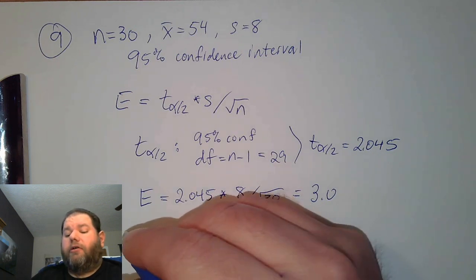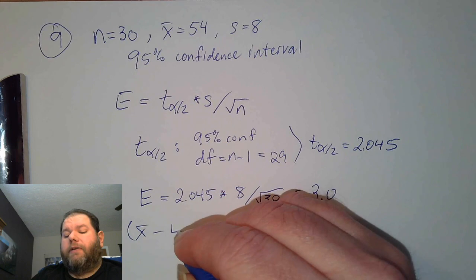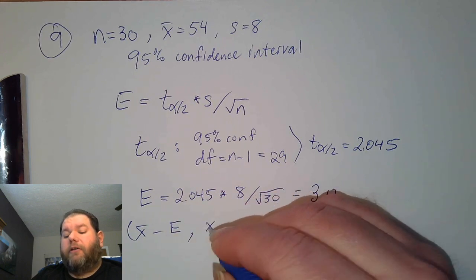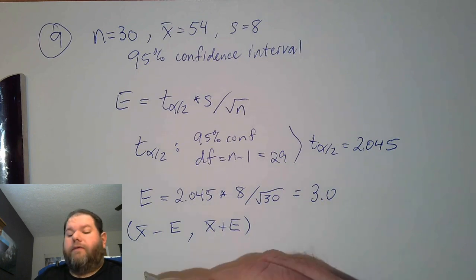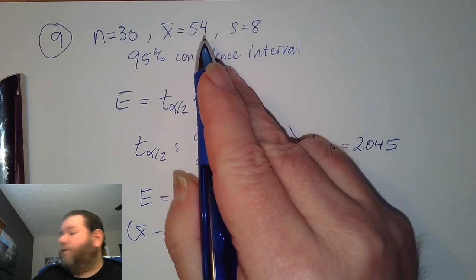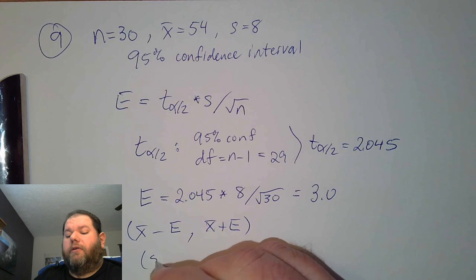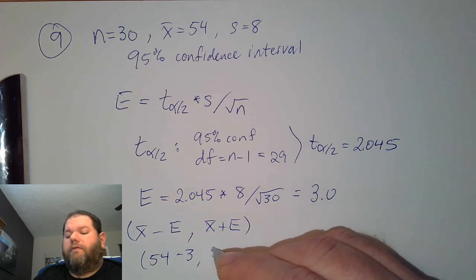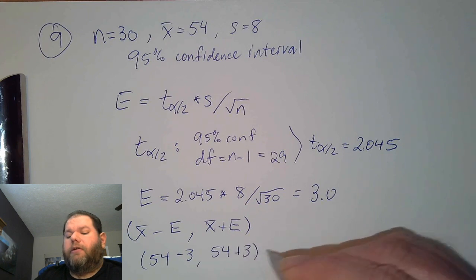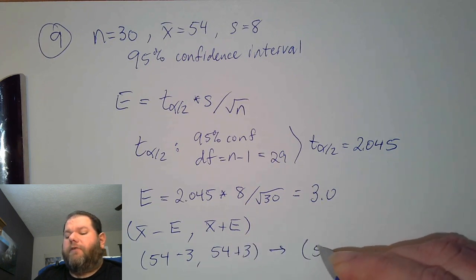And so our confidence interval, x bar minus E, comma, x bar plus E, we have x bar is 54 up here. So 54 minus 3, 54 plus 3, that gives us from 51 to 57.